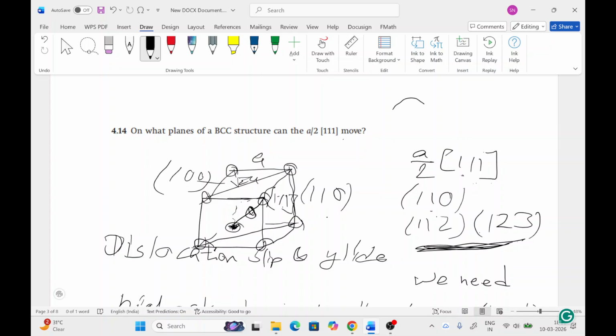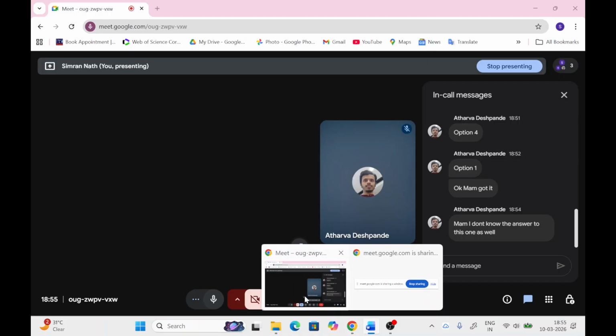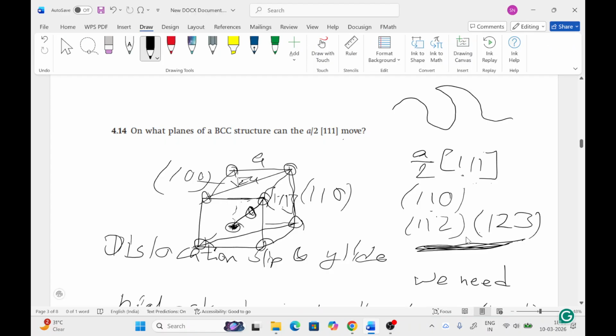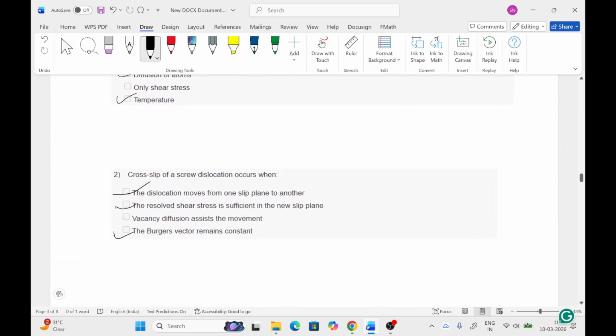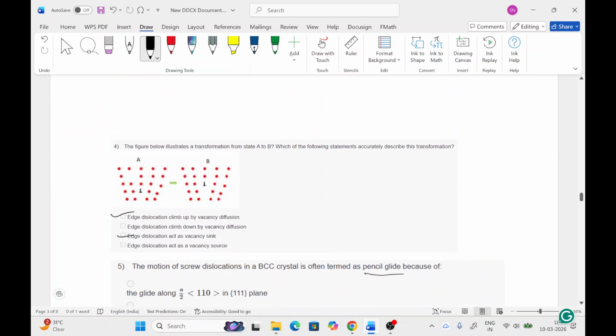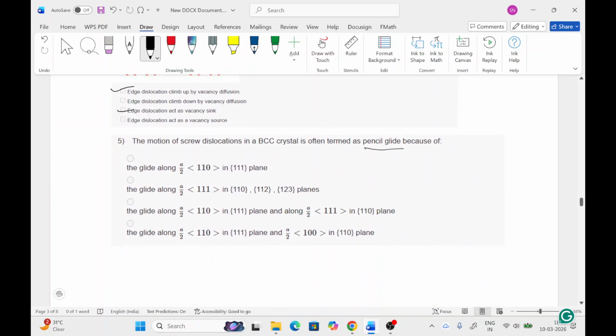Pencil glide means the movement is like this, the screw dislocation. So that's why it is called pencil glide. So the option, the glide along a/2 <111> in {110}, {112}, and {123} planes gives the pencil glide. So the second option is correct.